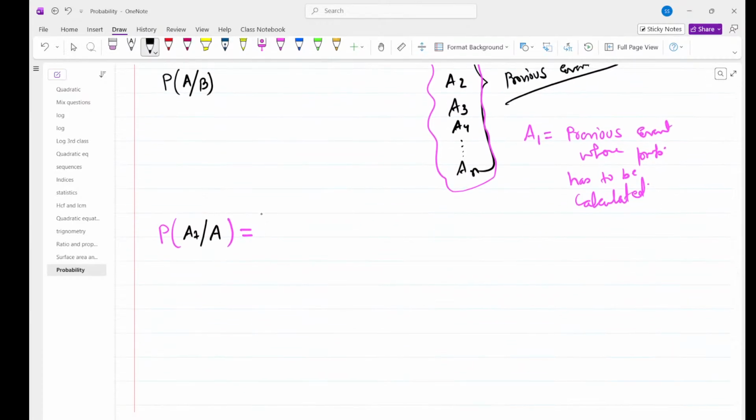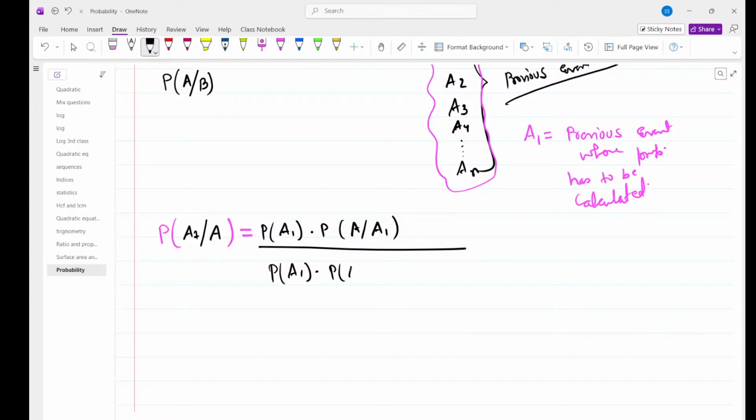So it will be probability of A1 into probability of A when A1 has already happened, upon probability of A1 into probability of A when A1 has already happened plus probability of A2 into probability of A when A2 has already happened, plus so on. If you have multiple previous events, then you can continue this pattern.